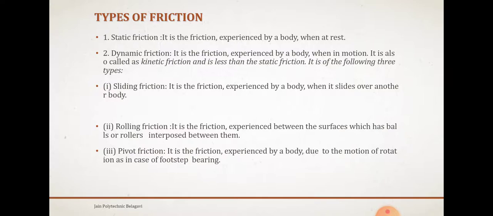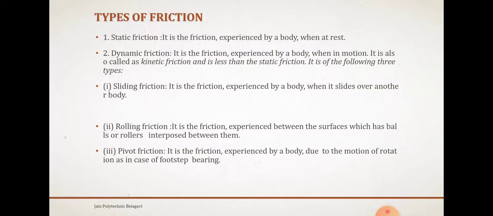Dynamic friction is again classified based upon the different motions. The motion may be sliding motion, rolling motion, or pivot. When the parts are sliding with respect to each other, we call it sliding friction.